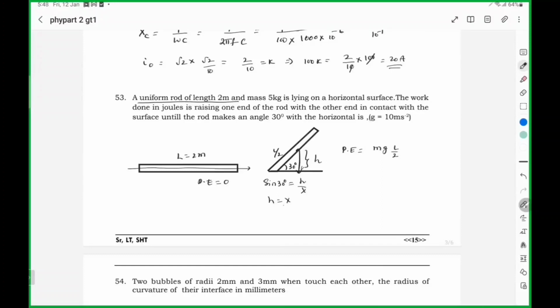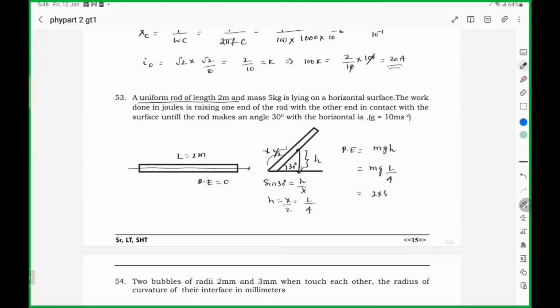H will be x by 2. So x here is half of the length, L by 4. So it is mgh, that is mg into L by 4.